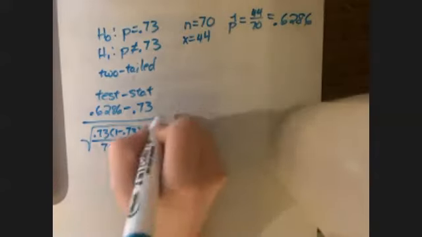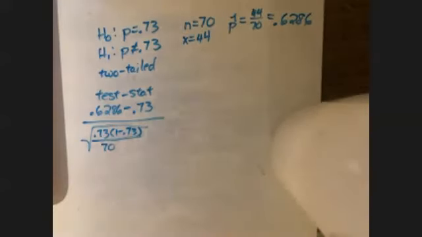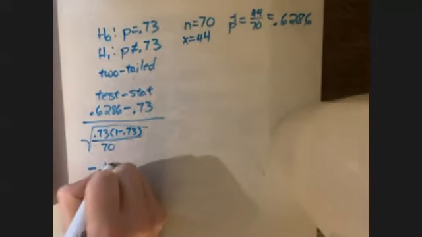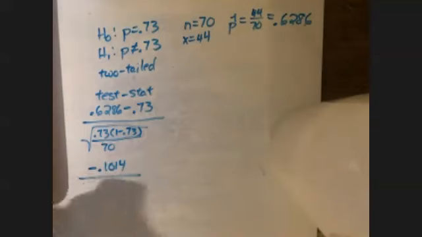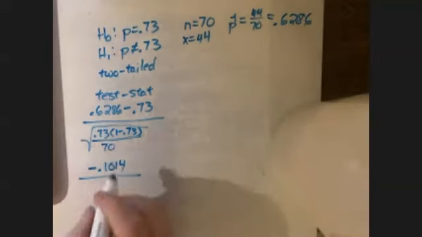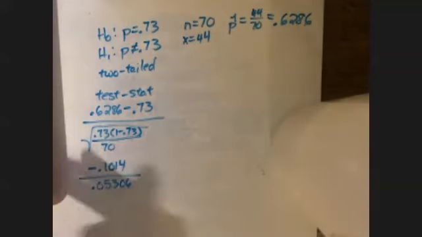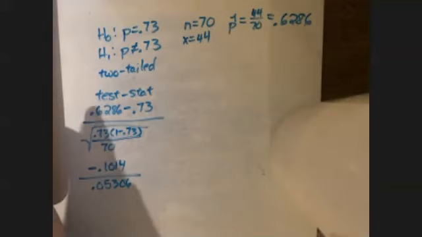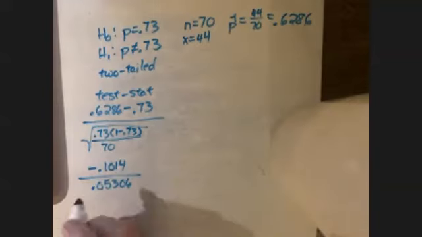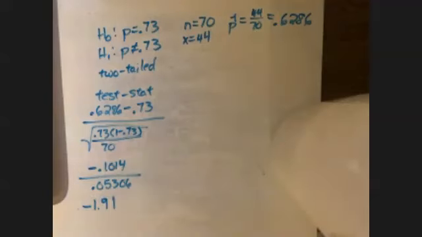This is going to give us negative 0.1014 over, and we get negative 1.91.